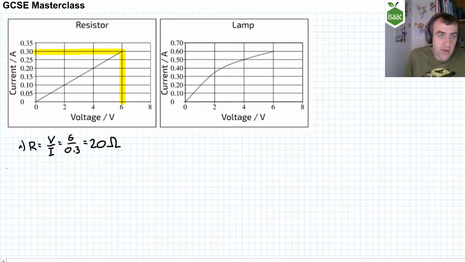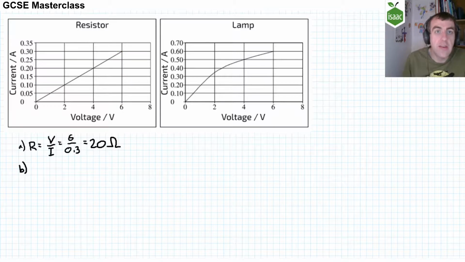And then we move on to question B. On question B, it says, what is the resistance of the resistor when carrying 0.2 amperes? Okay, so we need to clear off the lines we've got there. I'm only using the lines to show you what I'm looking at. And let's do that again with 0.2 amperes. So we read the other way on our graph.